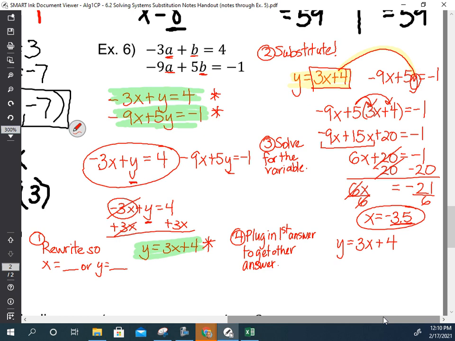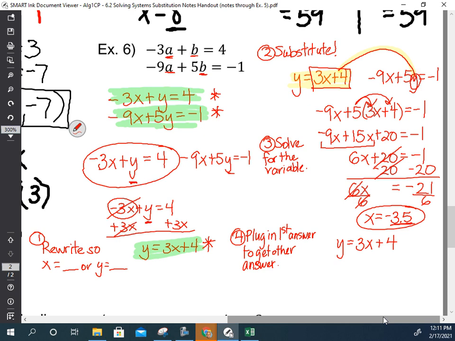It doesn't matter which one you pick. That's up to you. After you do that, that gets you the second part of the answer. So all of your answers are two parts. There's always two parts to the answer.